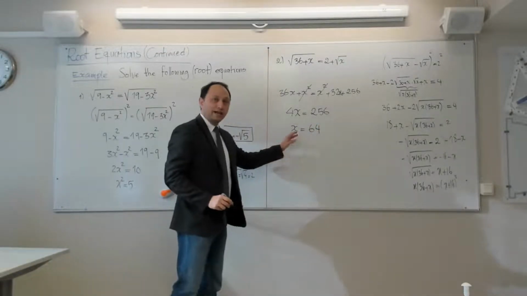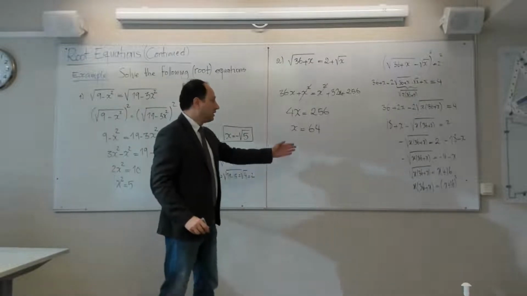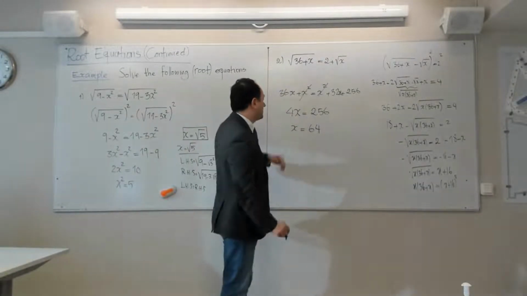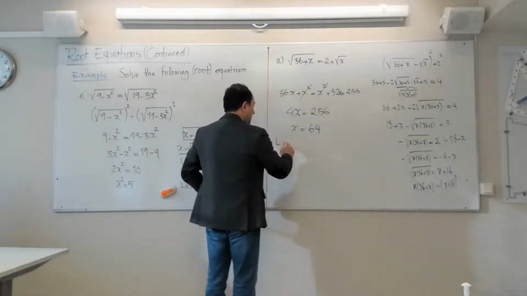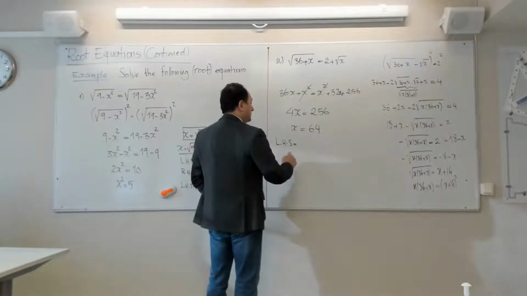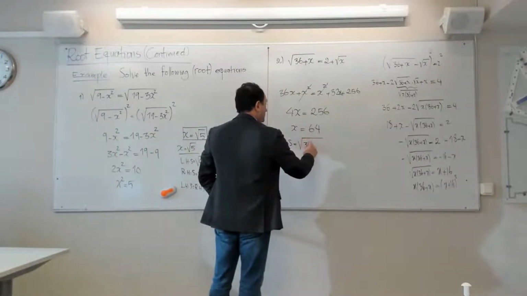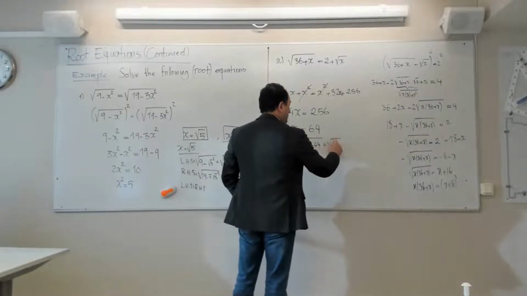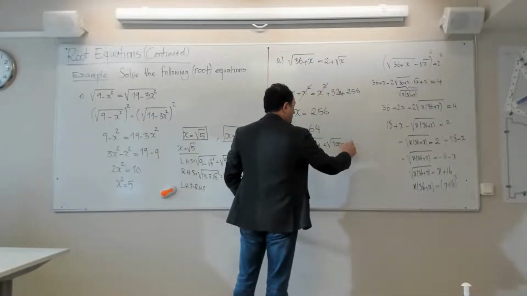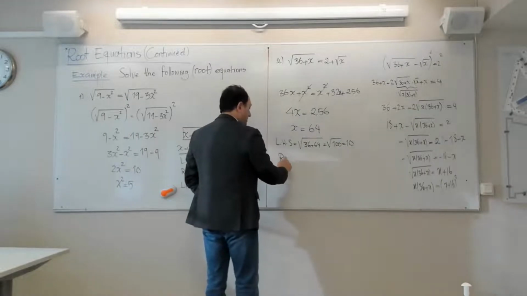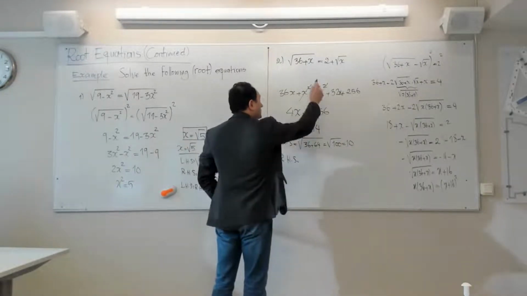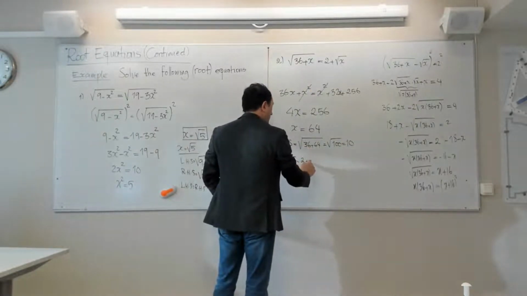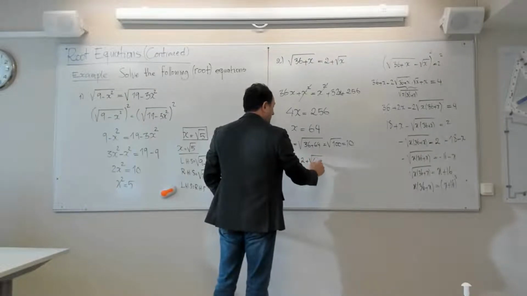But before accepting this as an answer, I have to go back and check that. So the left-hand side is equal to square root of 36 plus 64. But this becomes a square root of 100, and the answer is 10. The right-hand side is equal to 2 plus a square root of 64.